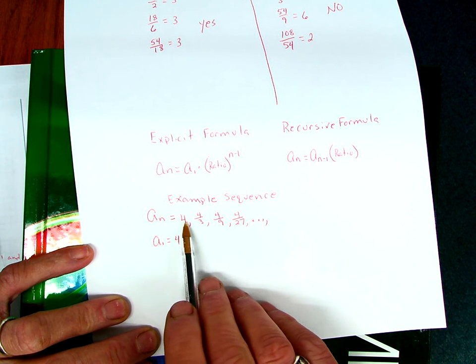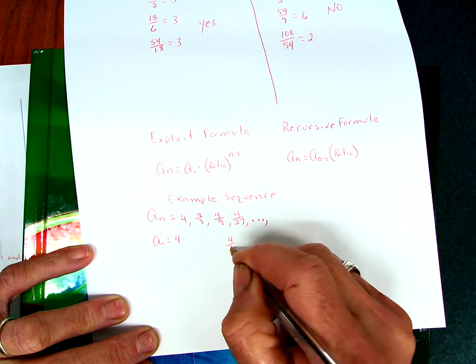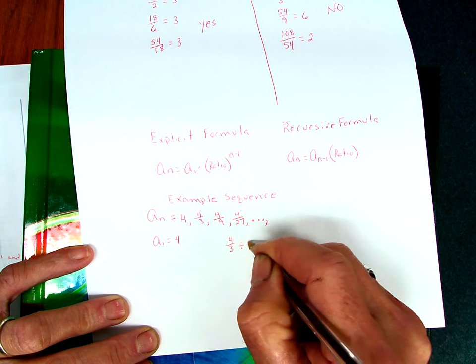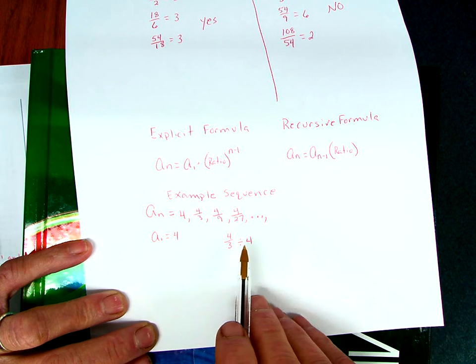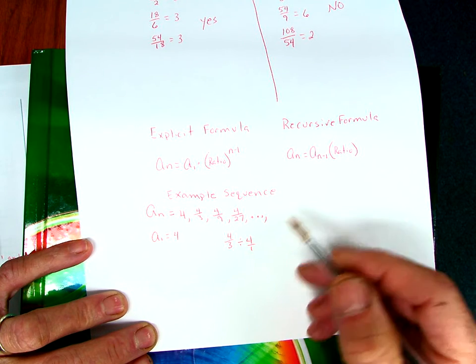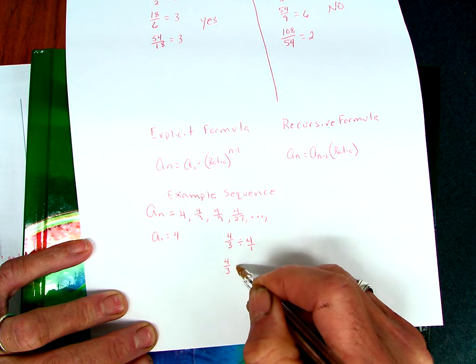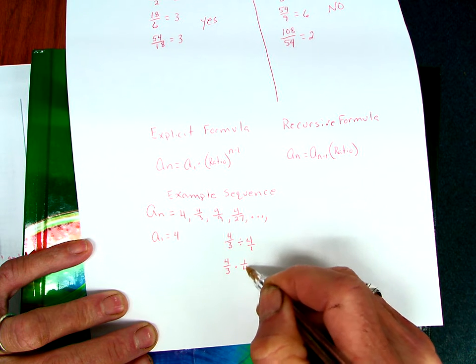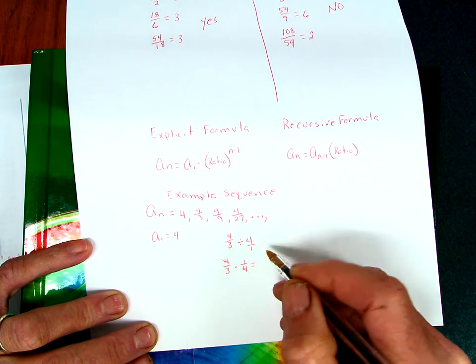So 4/3 divided by 4. When you're dividing a fraction by another fraction, you flip this one upside down and you multiply. So 4/3 times 1/4. On the diagonal, these two cancel out.